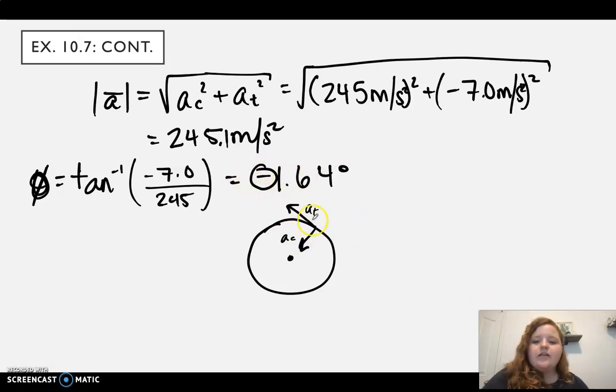This negative tells us that our acceleration is going to be in this negative direction, towards the center as well, okay? That's all that that negative means, is that it's going towards the axis of rotation, okay?